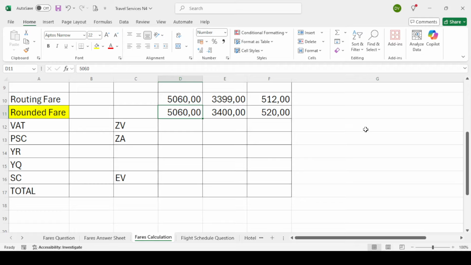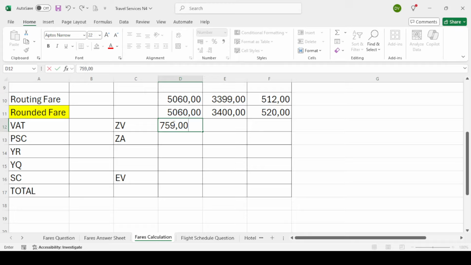Now, the VAT will throw out cents. And with the VAT, guys, we now keep the cents. If it doesn't throw out cents, of course, it's fine. You're still going to just show your 00. So 560 multiply with 15% gives me a VAT amount of 759.